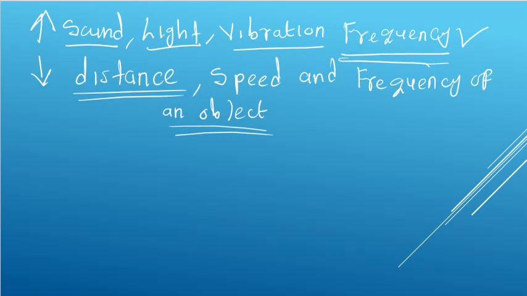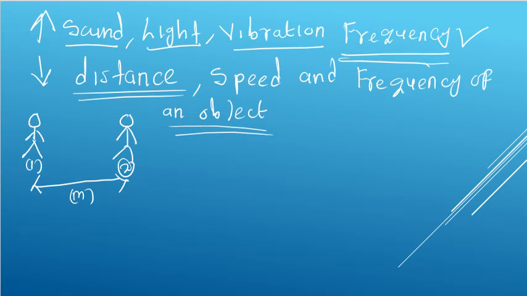So let's give an example. If we have person 1 here, then we have person 2 standing here. We know that person 1 and person 2 are standing at some distance apart from each other, and this distance is measured in meters.